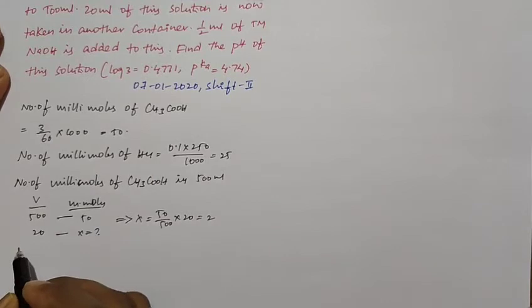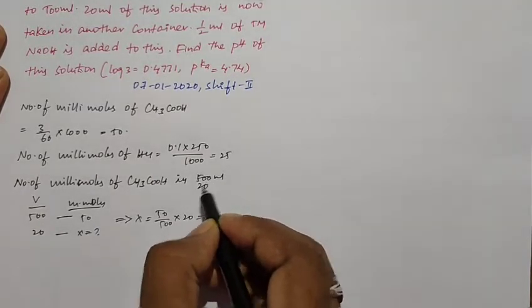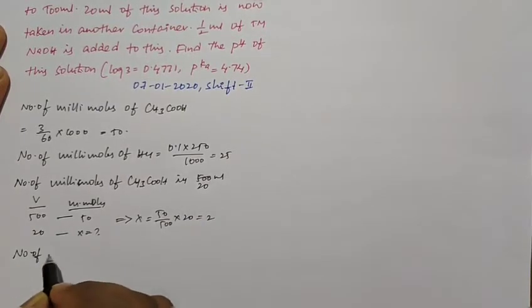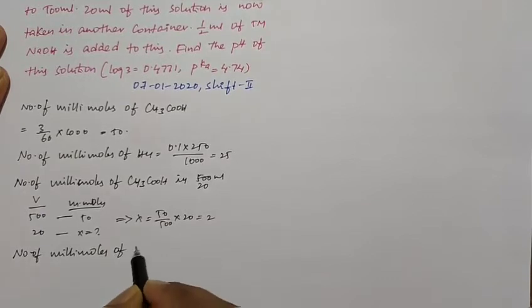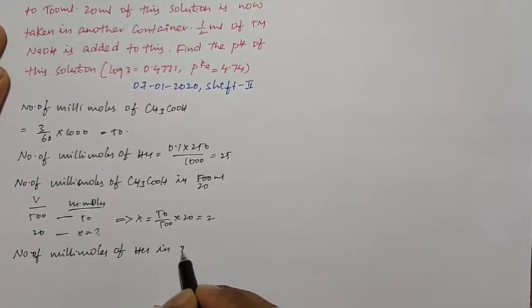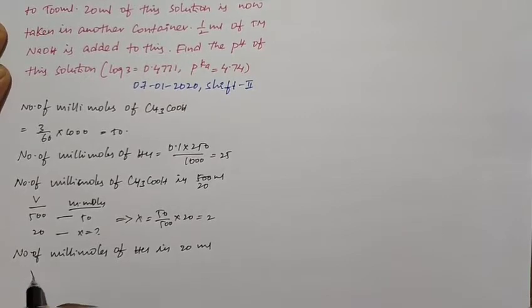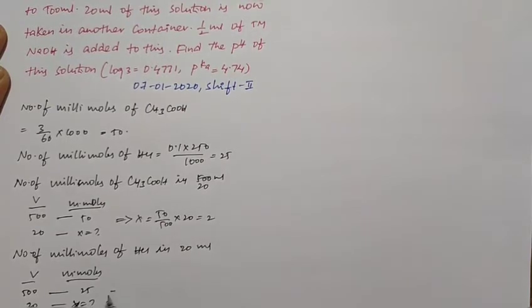At the same time, similarly we can find the number of millimoles of HCl in the 20 ml sample. Comparing volume and millimoles, in 500 ml we have 25 millimoles, in 20 ml we get 20 by 500 into 25.